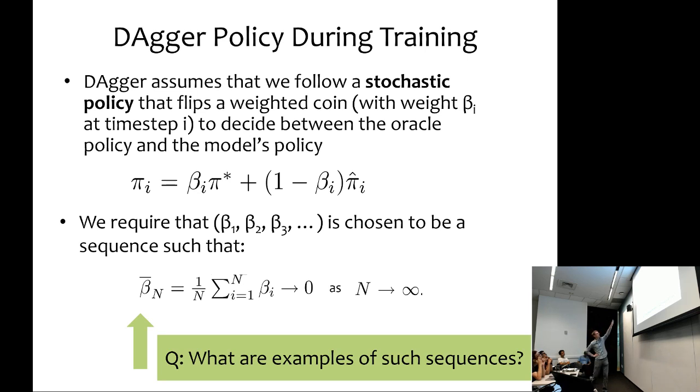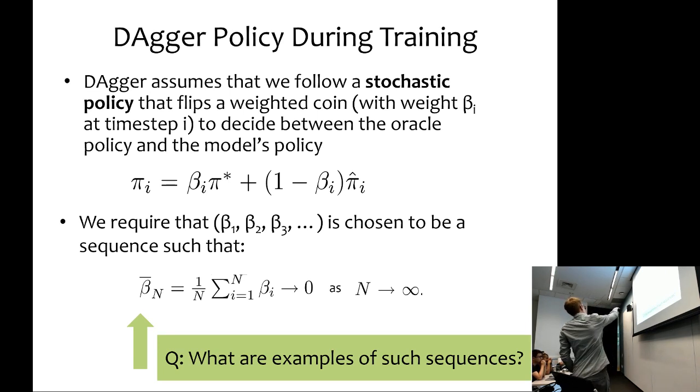So we can write this as a mixture of two policies, where pi I is our policy at time step I. If beta I here was 70% oracle, then 70% of the time it's going to follow pi star, and 30% of the time it's going to follow pi hat.